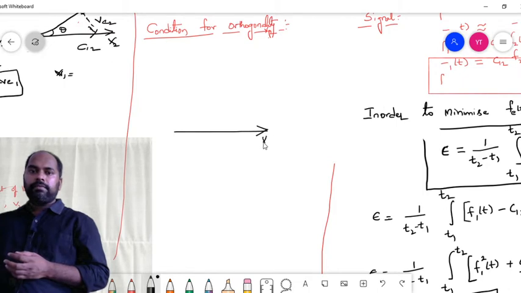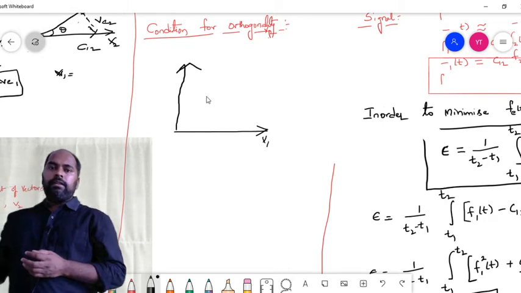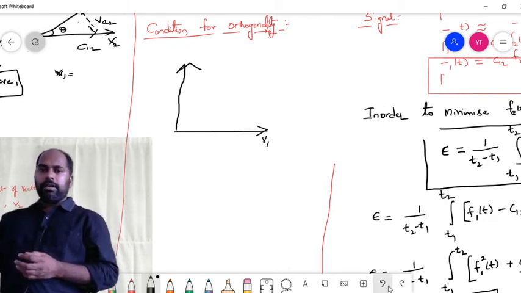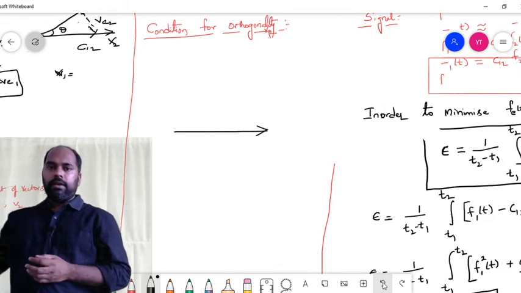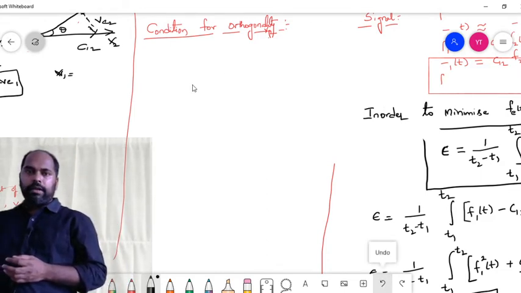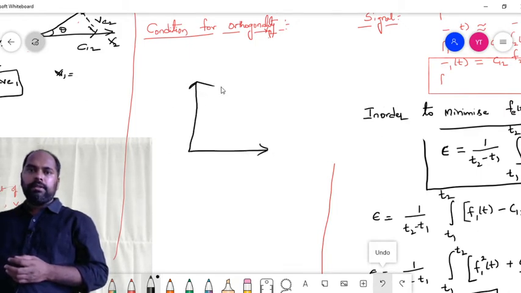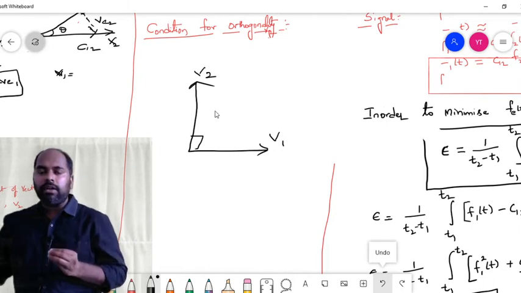this is one vector V1, let us assume, and another vector V2. Whenever we have two perpendicular vectors, V1 and V2, and we want to find the similarity component, is it possible to draw it?